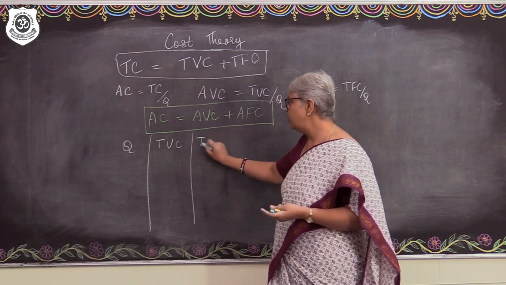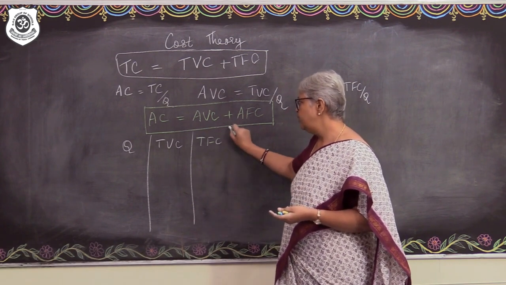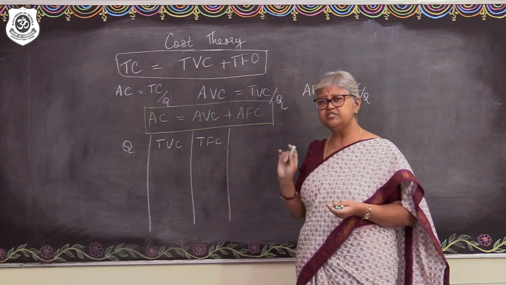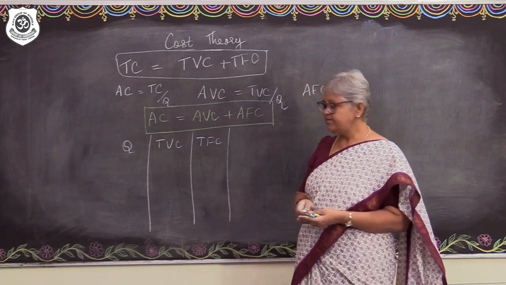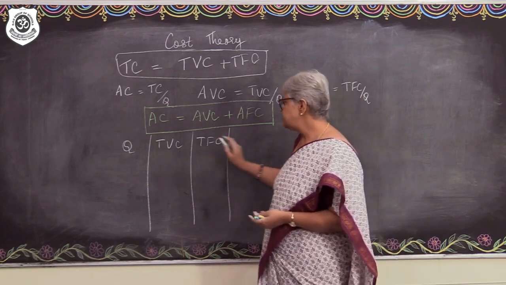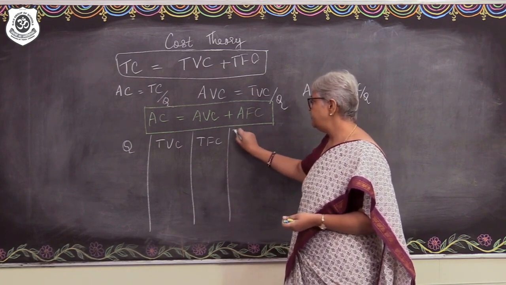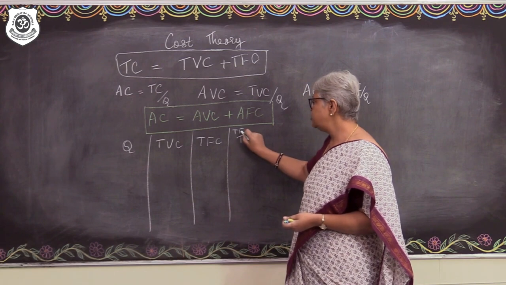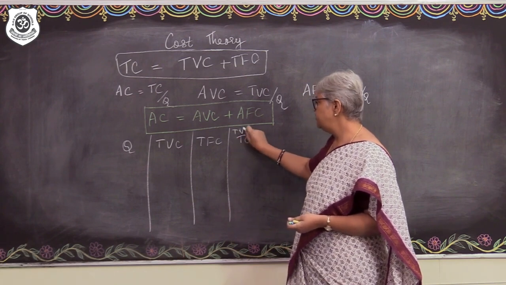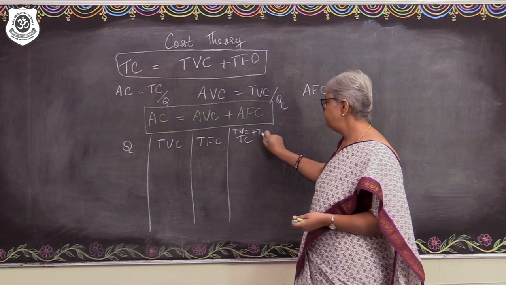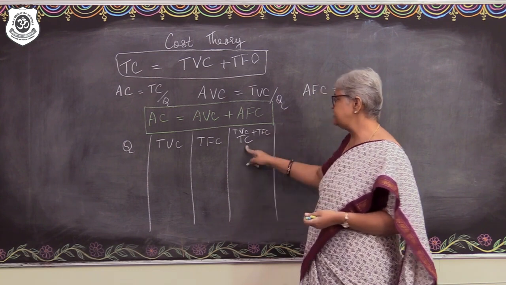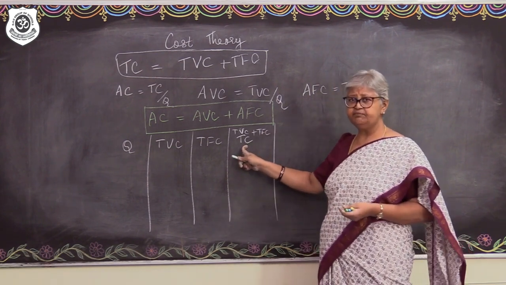Fine? And the total fixed cost will remain fixed at all the levels of output. So, from these two, you can arrive at the total cost, which is nothing but the aggregation of the total variable cost and the total fixed cost, or TC is TVC plus TFC.